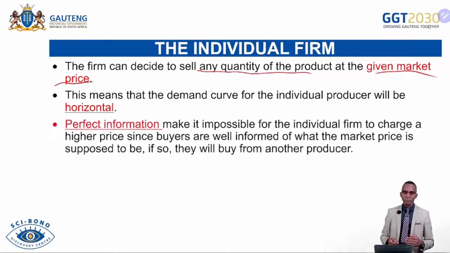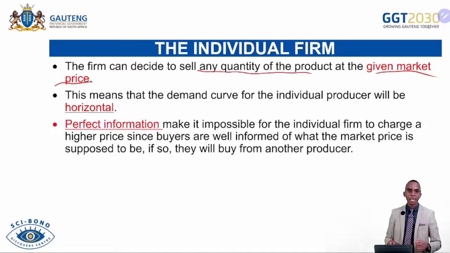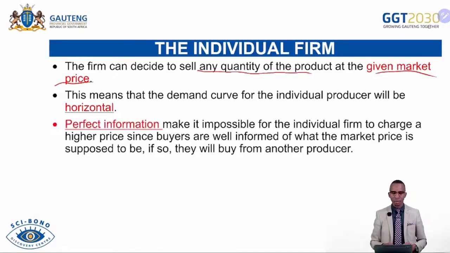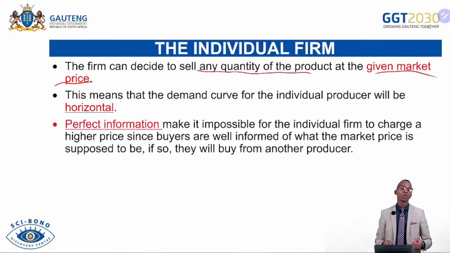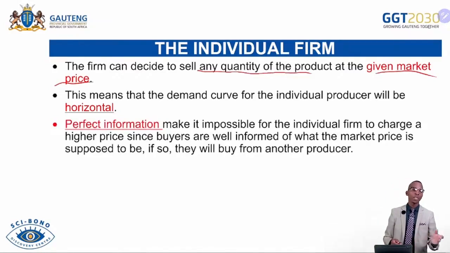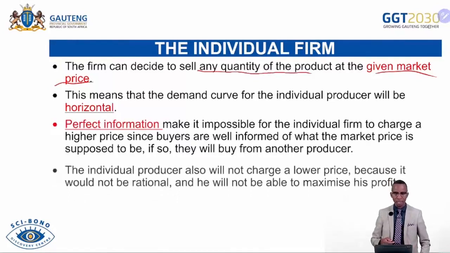The perfect information makes it impossible for an individual firm to charge a price above the market price or selling price, because consumers are fully aware and informed about the selling price and all prevailing market conditions. So if ever the firm decides to sell above the market price, consumers will go and buy from alternative firms or other competitors offering the similar product within the same market.